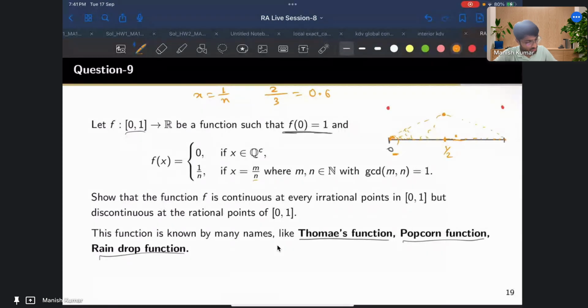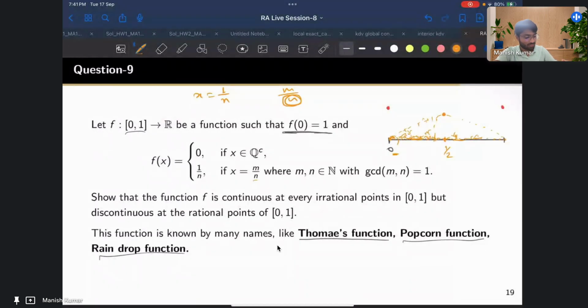At each point you will have this kind of value at rational points. At irrationals it is 0 here. A rational number would be like m by n. Now as you take n higher and higher, this will be coming close to 0, like this. So the graph would be something like this. I don't know how to precisely draw it, but maybe you can look in Google and see how the actual graph would be.